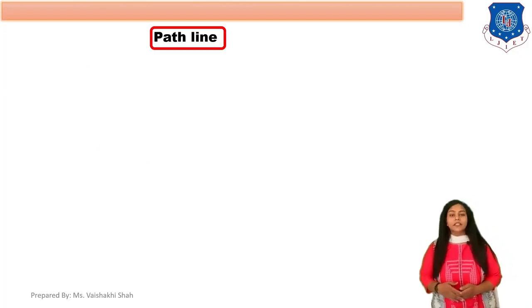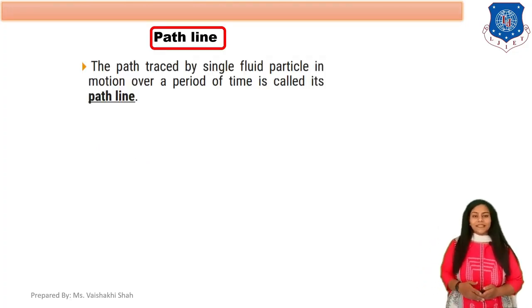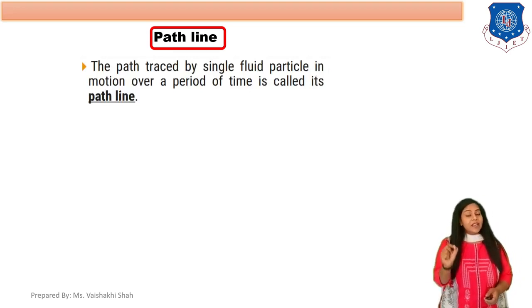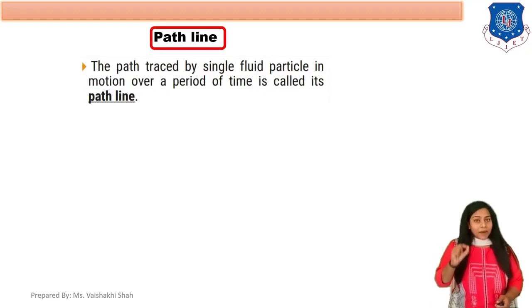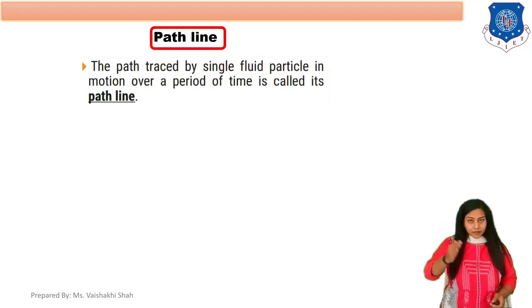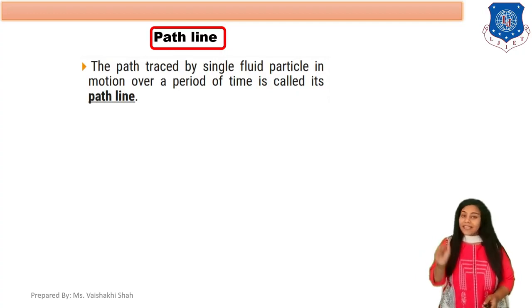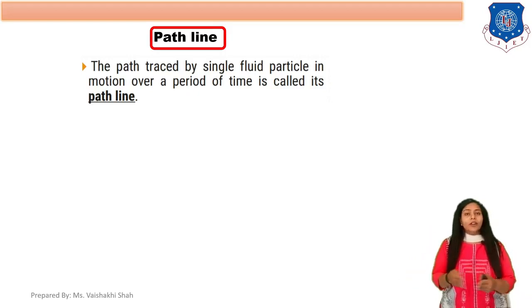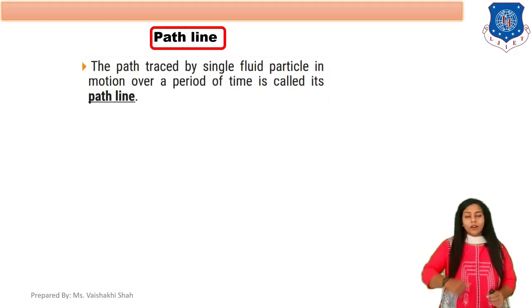So let's start with our first line, which is called the path line. The path traced by a single fluid particle which is in motion over a long period of time is called the path line.